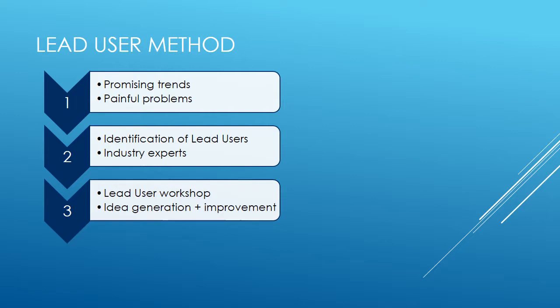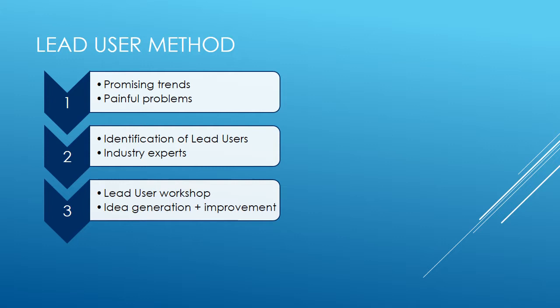Normally in a lead user workshop there are 10 to 25 attendees, and these are split up in the next step into smaller teams, each one assigned with one idea from the idea generation phase, and each team is also provided with a member of the innovation management team as a guide.